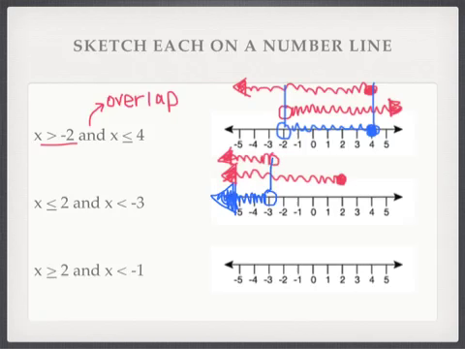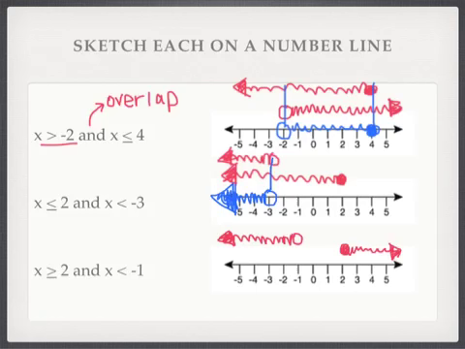All right, let's look at this next one. X is greater than or equal to 2 would be here. X is less than negative 1 would be here. Where do these overlap? They don't.